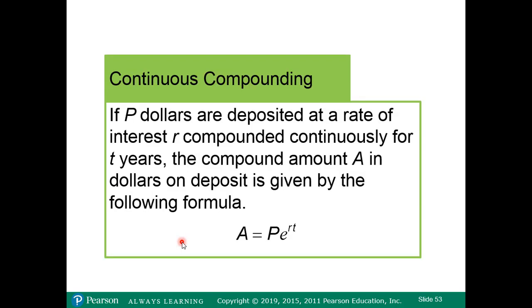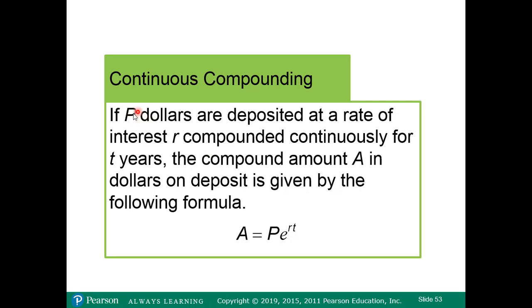And this number appears many, many times in the sciences, in nature. And this brings us to continuous compounding. Because as n gets bigger and bigger, as we take more and more compounding, it eventually gets to the point where we are continuously compounding and we have to use e.